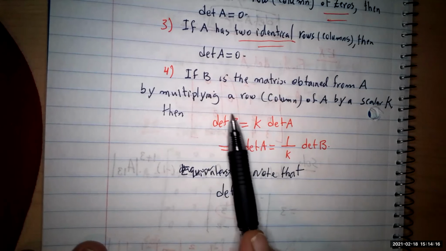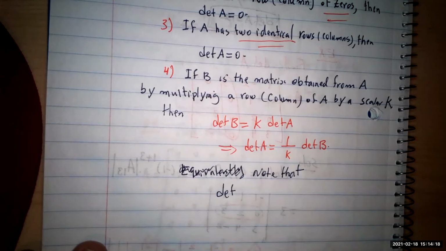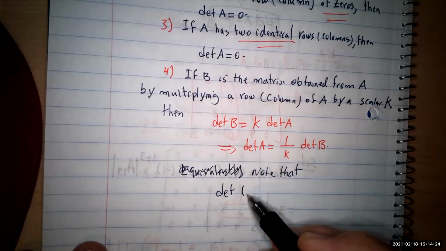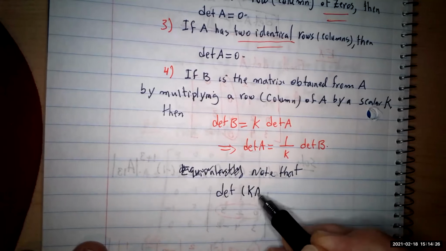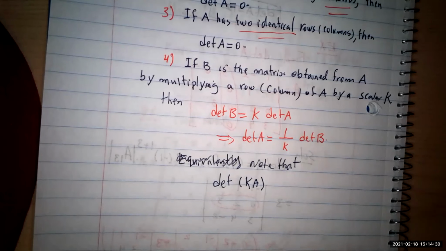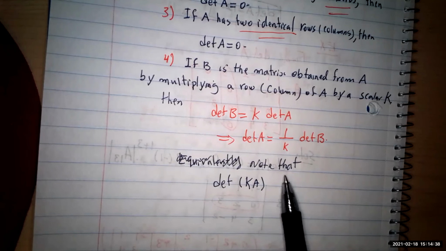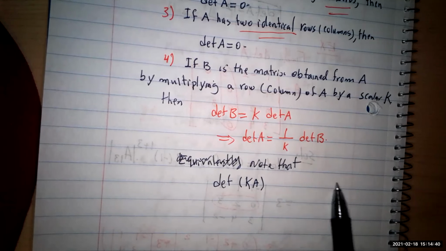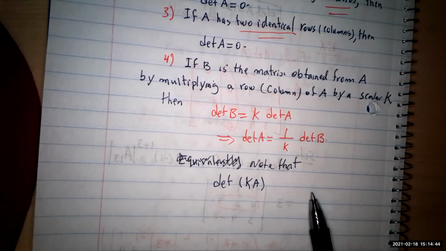So if you multiply all the rows of a matrix by k, so if you want to find the determinant of k times A, remember when we multiply a matrix by a number, we multiply all the terms inside by k. So you multiply the first row, the second row, the third row. How many rows do we have? n rows.